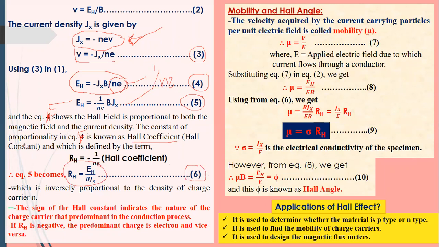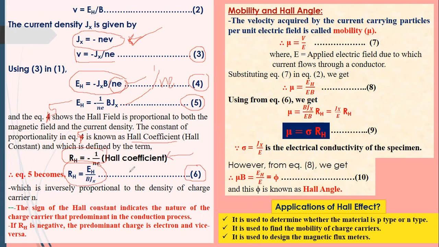So here RH is equal to minus 1 upon Ne. This is nothing but the Hall coefficient, or we can say the Hall constant. This shows that the Hall field is proportional to both the magnetic field and current density.